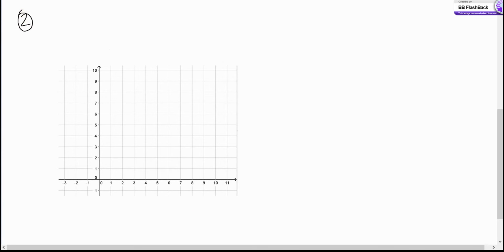So our second method is graphing. Now remember, the problem is we have y is equal to 2x plus 1, and we're given y is equal to 9. We're being asked, what does x equal?